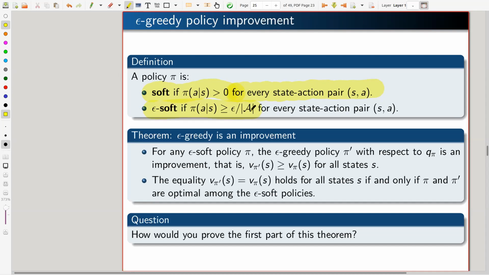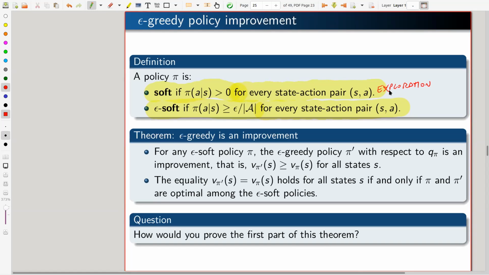Soft policies are needed for exploration, otherwise the zero probability pairs will never be explored, not infinite times. And among them, the epsilon soft are the closest to the greedy ones.